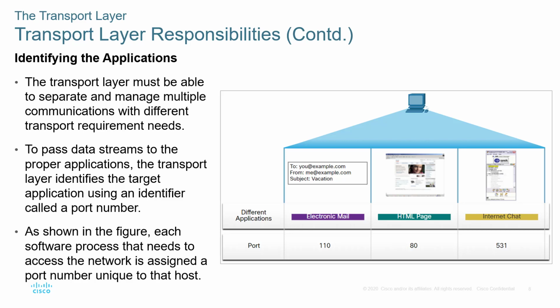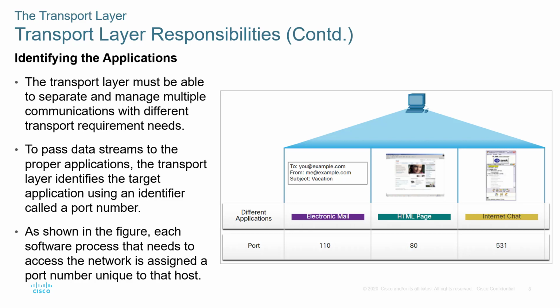If it is sending email, that might be SMTP port 25. If we are talking about DNS, that might be port 53, and so forth. So identifying the application is based off of the destination port number. And again, that's the way the application identifies itself.